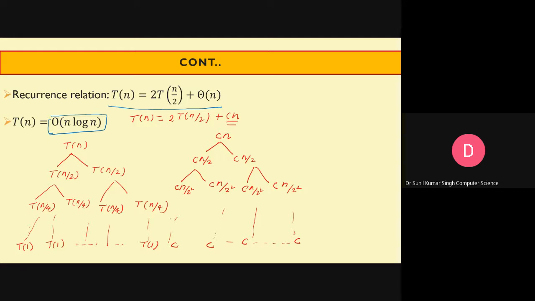Now in between, if we are talking about some ith level, it will be Cn divided by 2 raised to the power i.